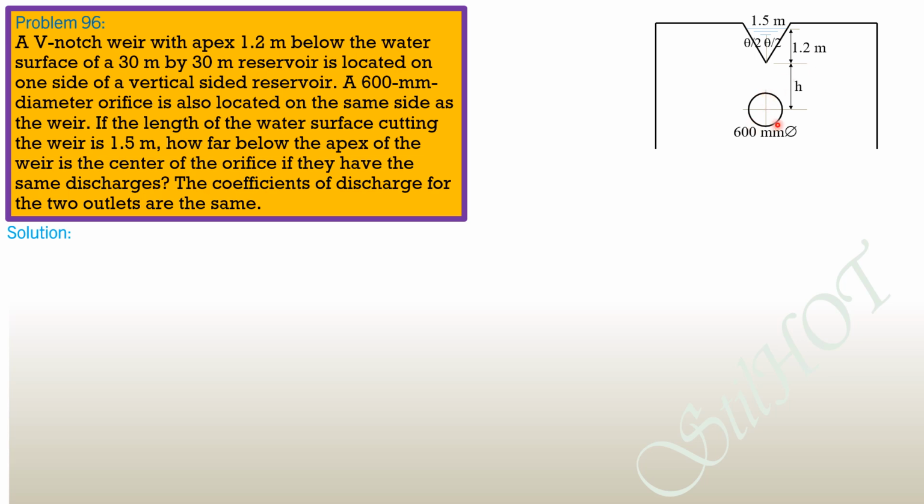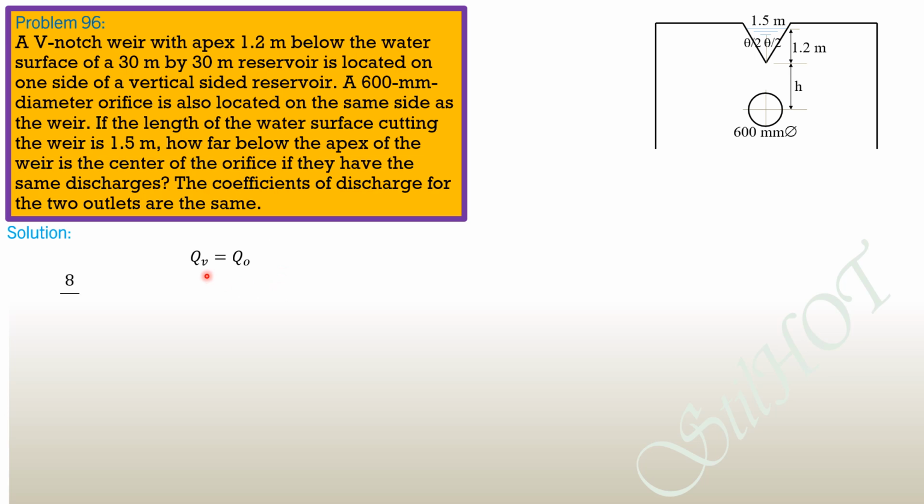While the discharge through the orifice is the coefficient of discharge, area of orifice, square root of 2g times the head over the orifice, which is in this case small h plus 1.2. And the head is denoted by big H sub O in this case. So Q of the V-notch weir is also Q of the orifice. That's the analysis or idea here.